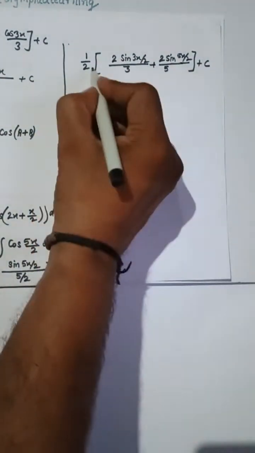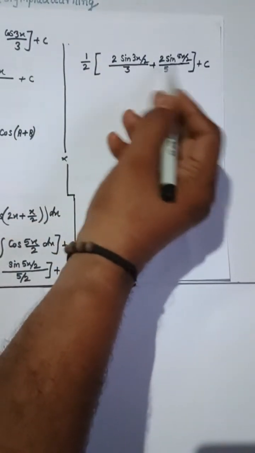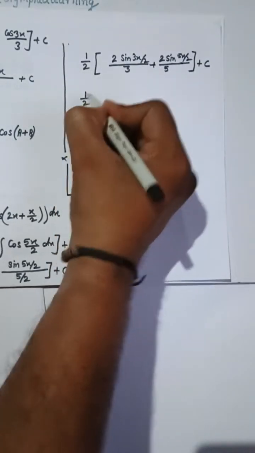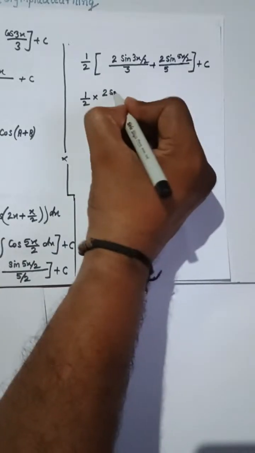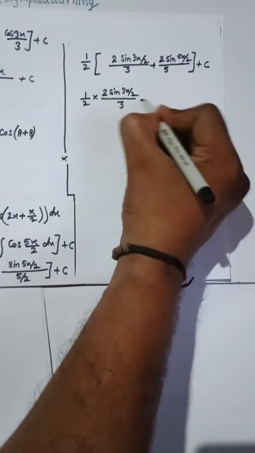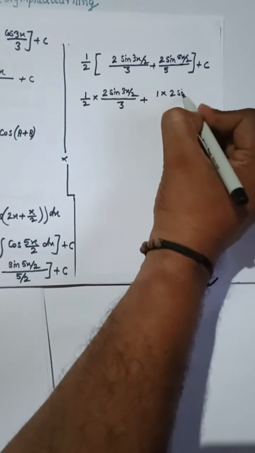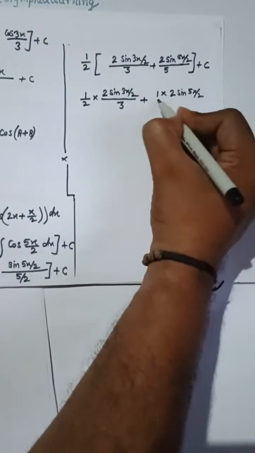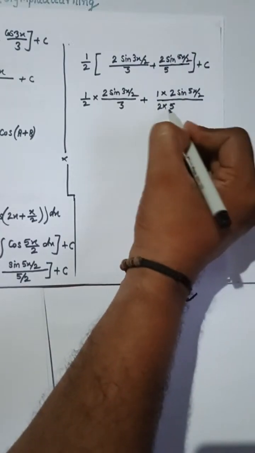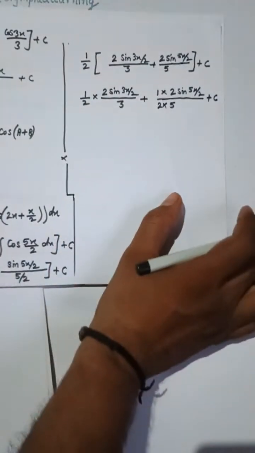And now it's time to multiply 1 by 2 to both these terms. So here 1 by 2 is going to multiply with 2 sine 3x by 2 divided by 3, plus 1 by 2 multiplied with 2 sine 5x by 2 divided by 5, the 2 multiplied by 5, and at the last we have the constant term, that is c.